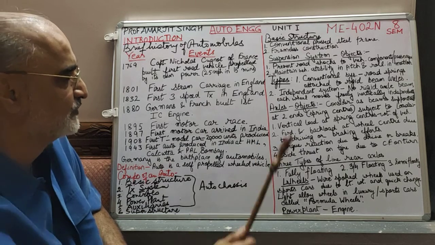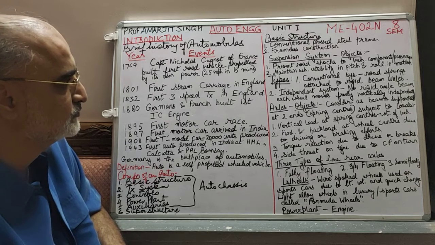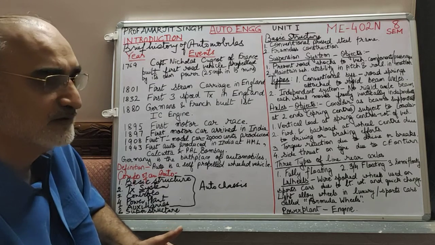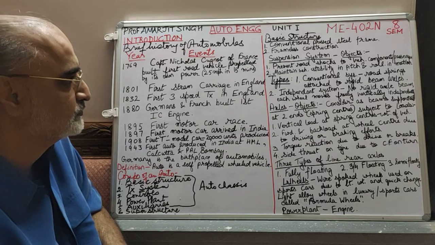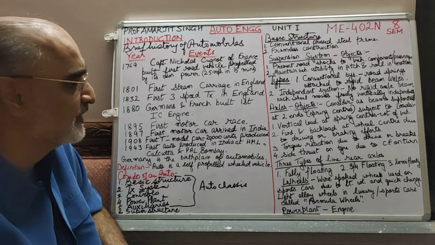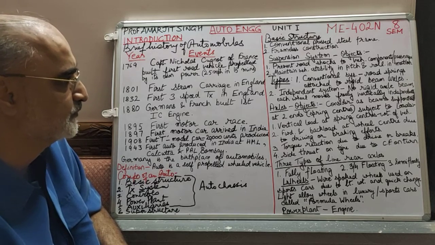Now, what are the types of suspension system? Basically, whenever we talk, we will be talking about the basic automobile, the car, and other vehicles, commercial vehicles, light commercial vehicles and others.